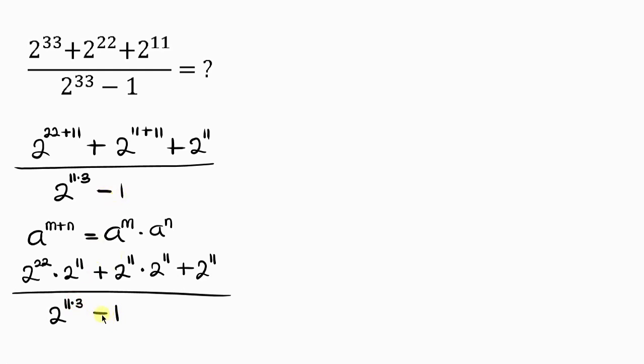Now notice that in the numerator we have 2^11 common. So our next step will be for us to factor out 2^11. So 2^11 factored out.